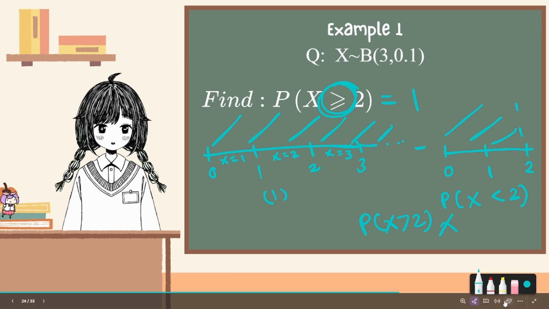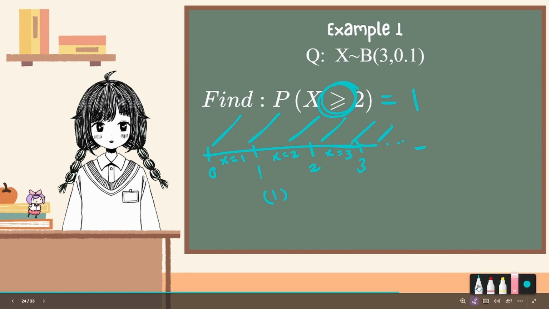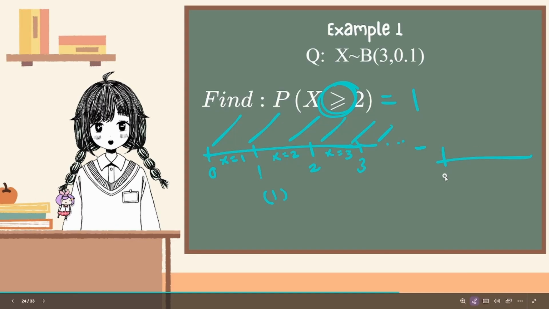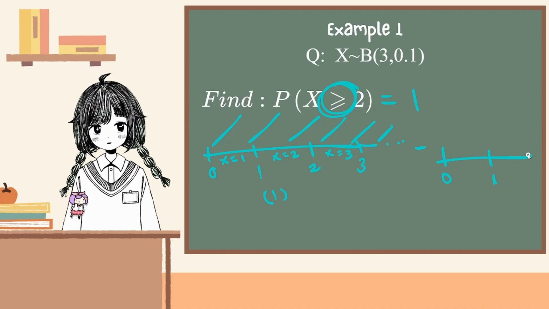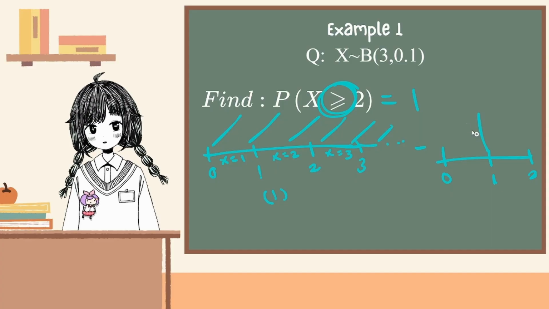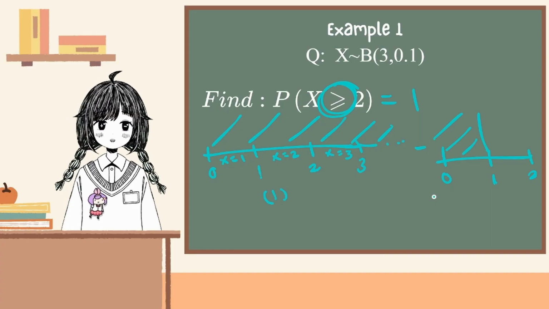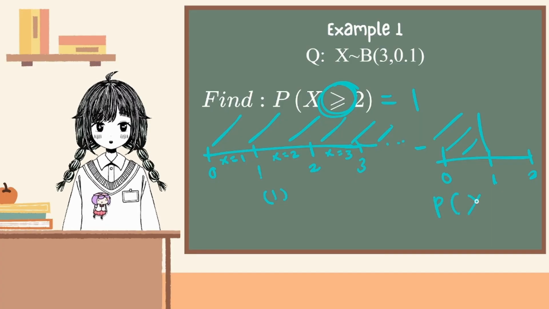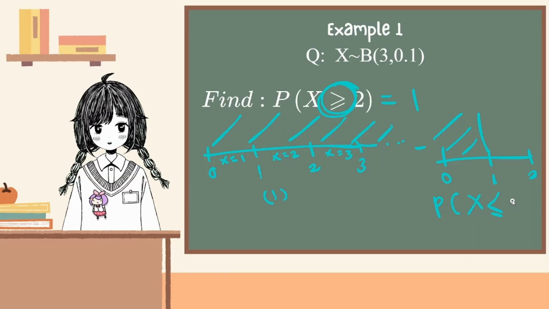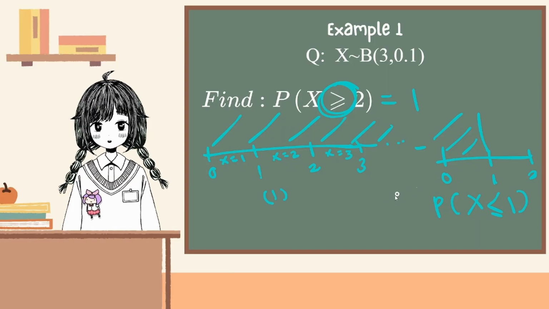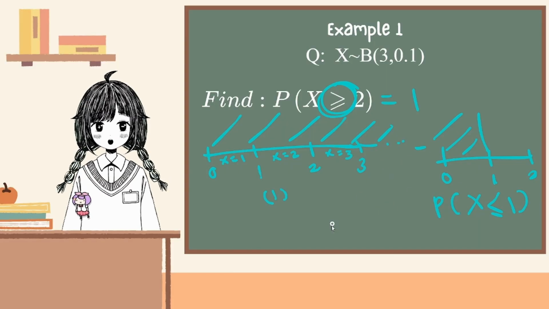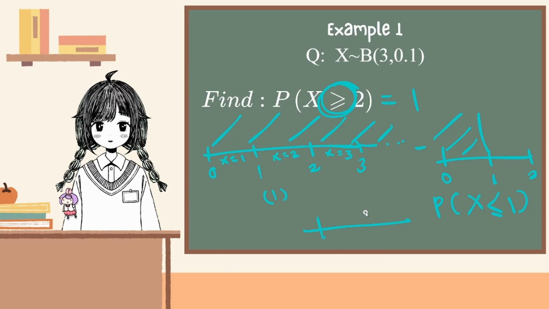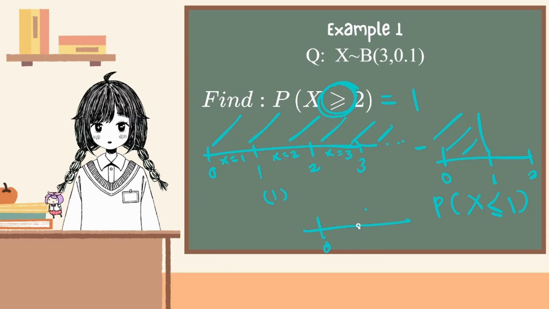So instead we will get rid of 1. So this means that it is P(X ≤ 1). After this, the final graph will look like this: 0, 1, 2.